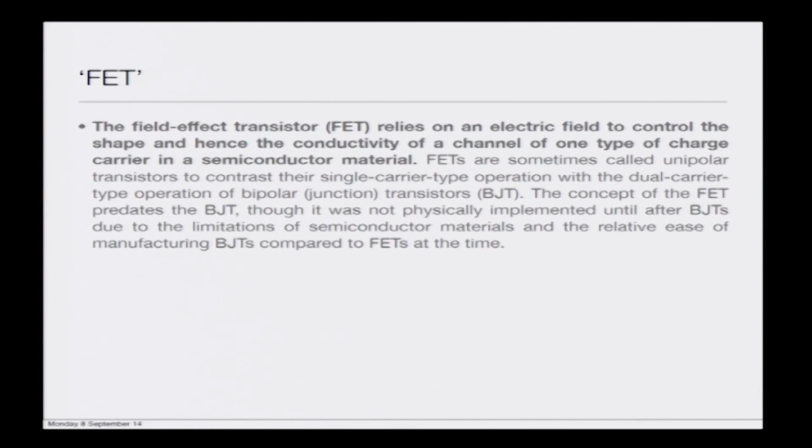The concept of FET predates the BJT, though it was not physically implemented until after BJTs due to the limitations of semiconductor material. This was one of the challenges FETs had, along with the relative ease of manufacturing BJTs compared to FETs at that time.